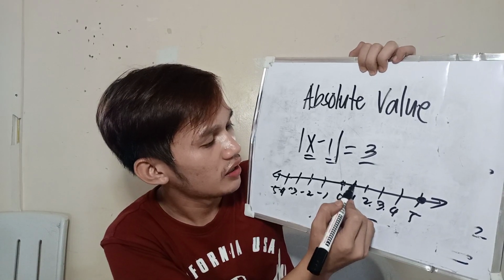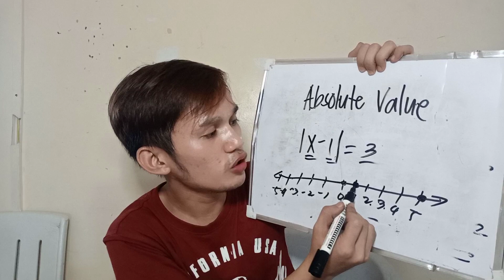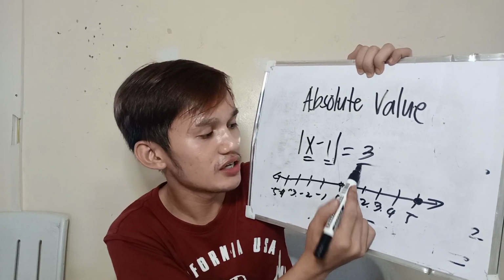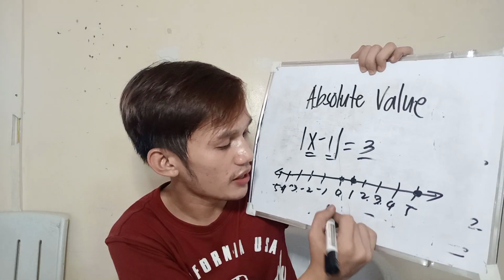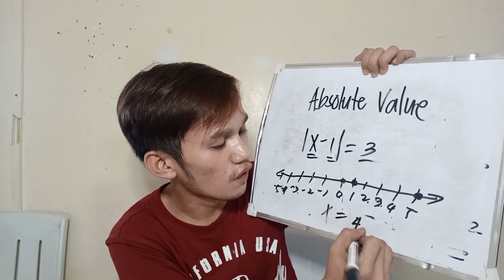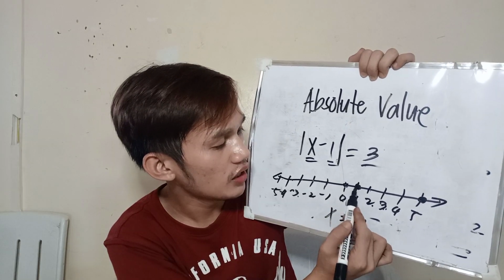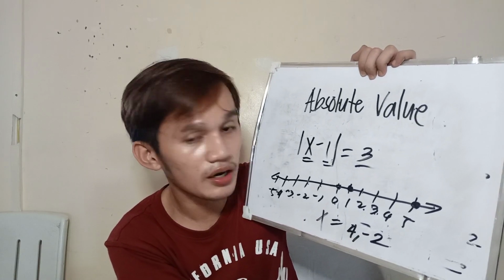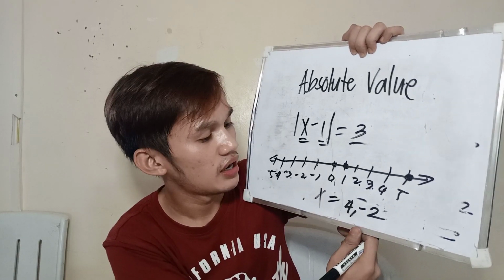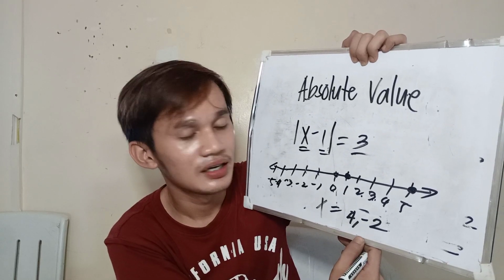So from 1, you are going to count 3 units away from 1. So 1, 2, 3. The possible values of your x are 4, and the other one, from 1, going left, 1, 2, and 3, is negative 2. So those are the possible values of your x.